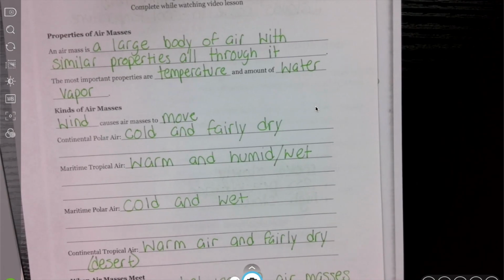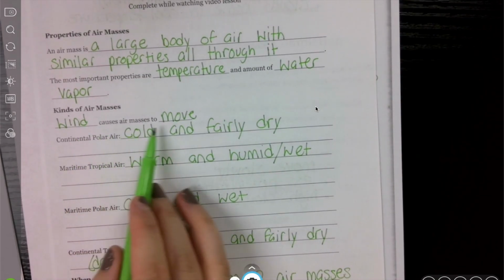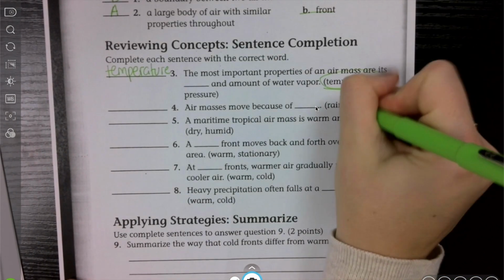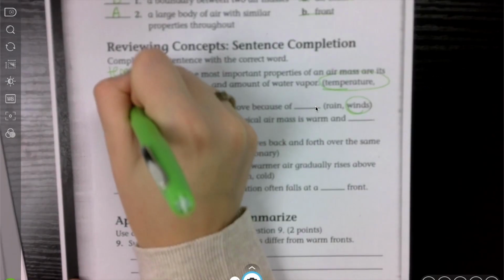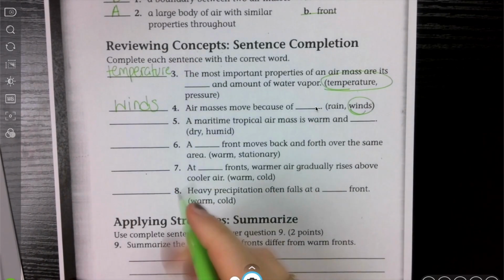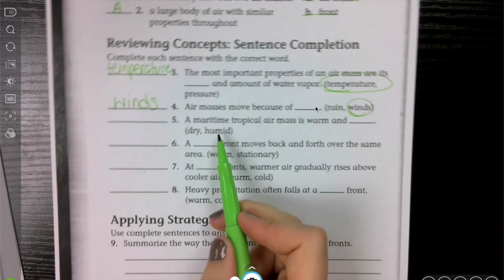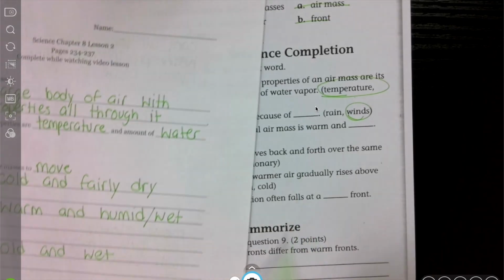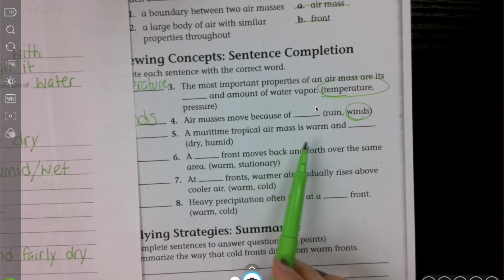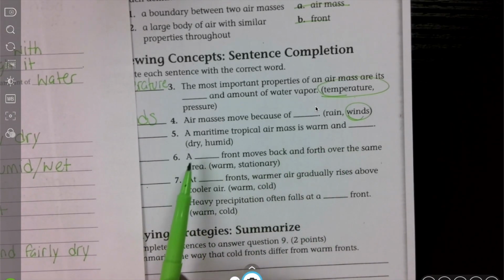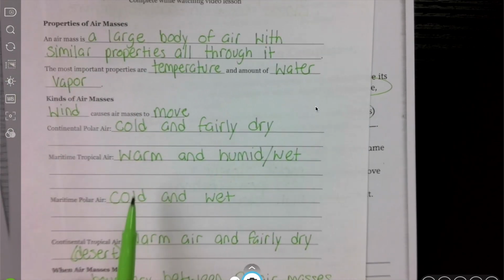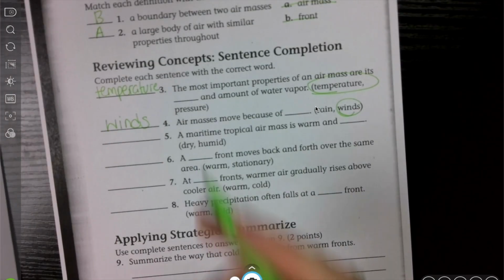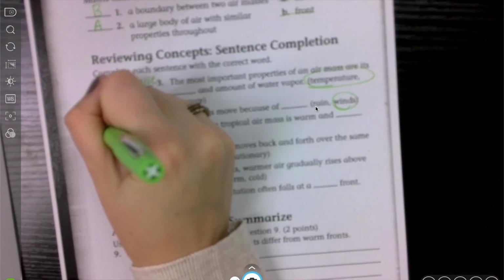Wind causes air masses to move. So air masses move because of winds. Number 5, a maritime tropical air mass is warm and blank, either dry or humid. Maritime tropical is warm and humid, so I know that it is humid.